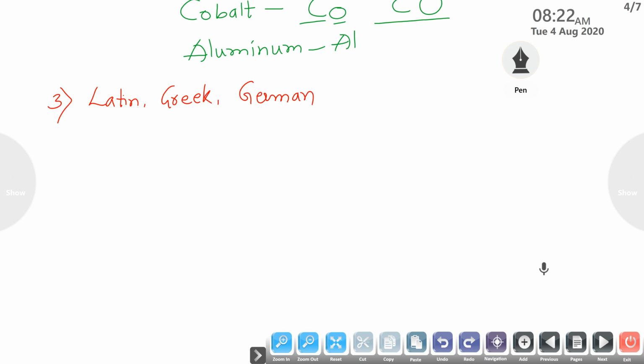Some of the symbols of the elements are chosen from Latin, German, or Greek. Okay, so we will see some examples here.